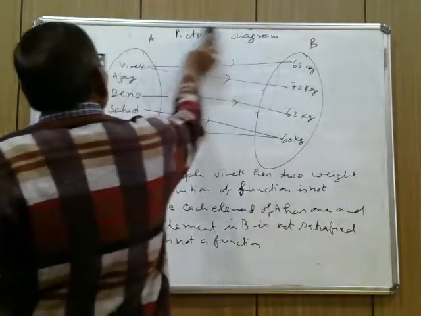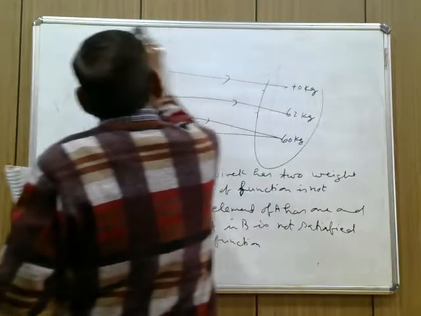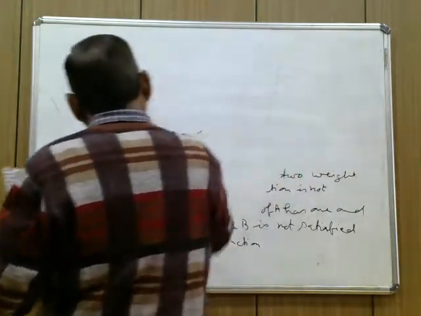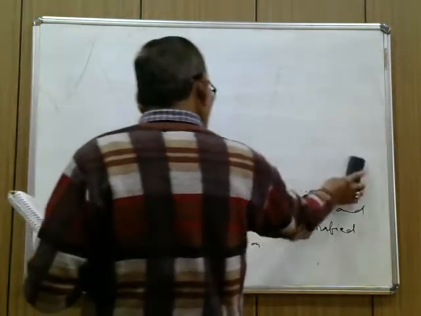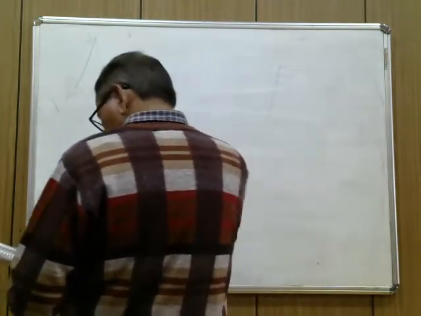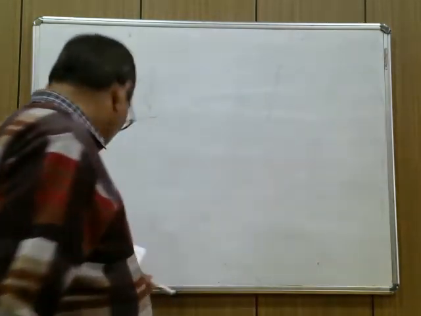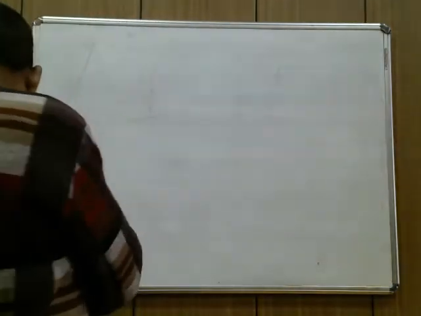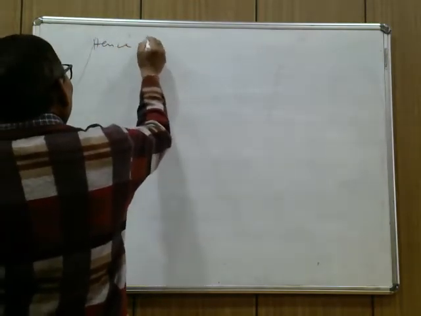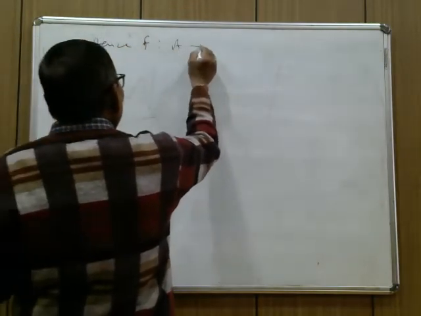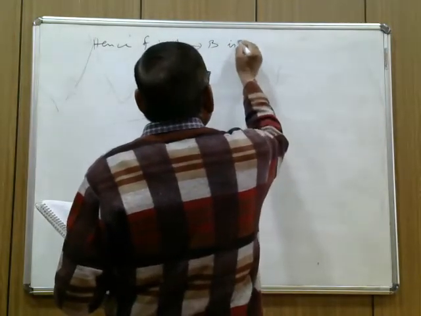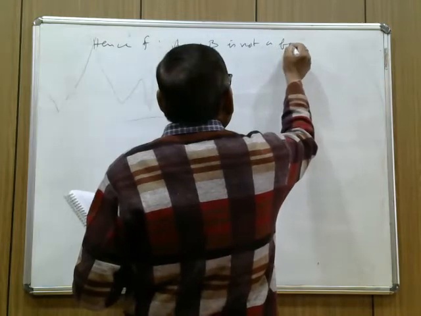Now you come to how we define the value of a function. Hence, f such that A to B is not a function.